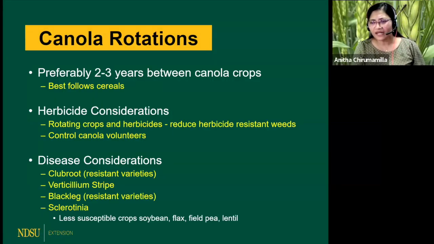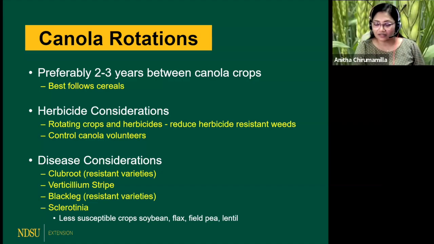So I'm glad I am going after Brian's wheat presentation and Venkat's disease presentation, because they talk a lot about canola crop rotations, and crop rotation is especially important in canola when we have to discuss weed issues and disease issues.